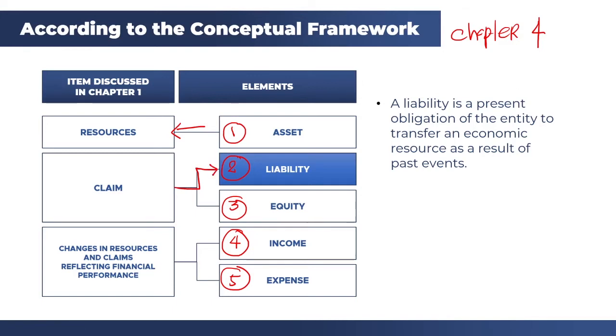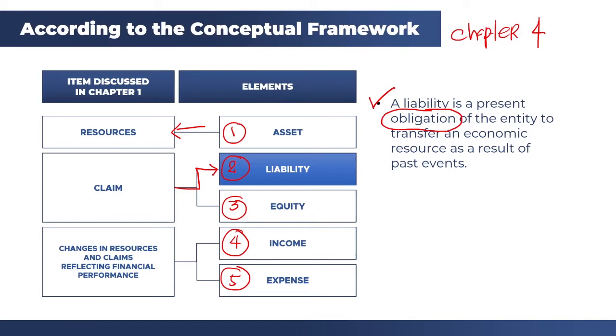So under the conceptual framework, a liability is a present obligation to transfer an economic resource as a result of past events. Under this definition, for a liability to exist, 3 criteria must all be satisfied. Number 1, the entity has an obligation.